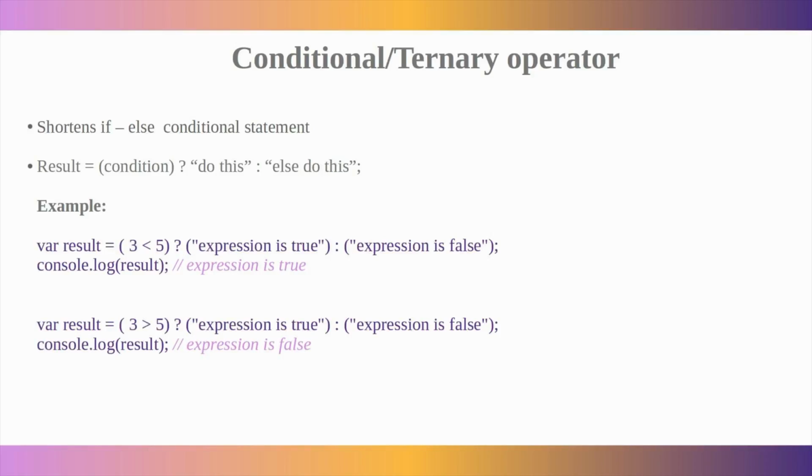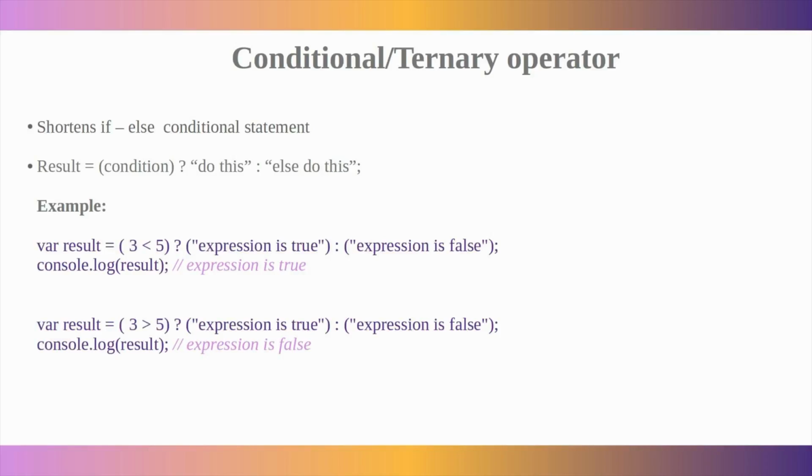In our example here, we are checking if the first number is lesser than or greater than the second number. In the example, var result is assigned the result of the evaluation of the condition 3 is less than 5. And since this is true, then the value of the first expression, which is the string is true, is assigned to var result.